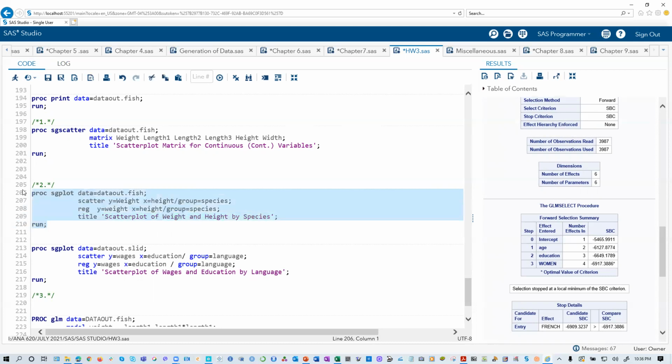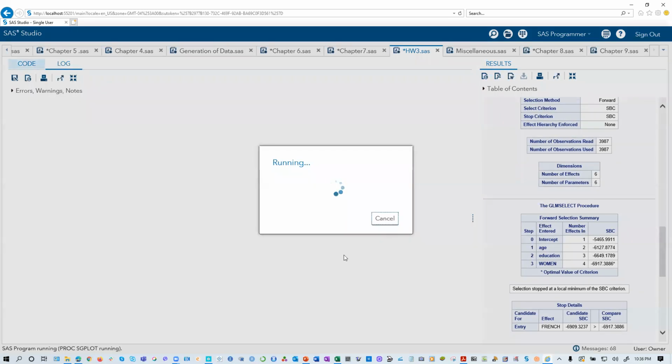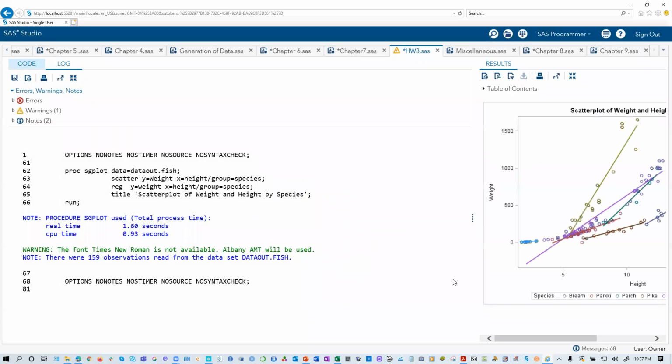Let's see a little bit, and then we can stop the rest. We can cover next time. See, the scatter plots and their lines. Different species.